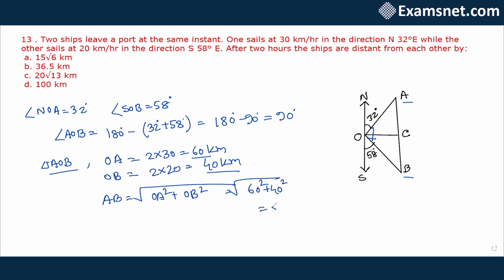The answer will be 20 root 13 km. Okay, so that's the distance between two ships after 2 hours. So option C is the correct answer, 20 root 13 km.